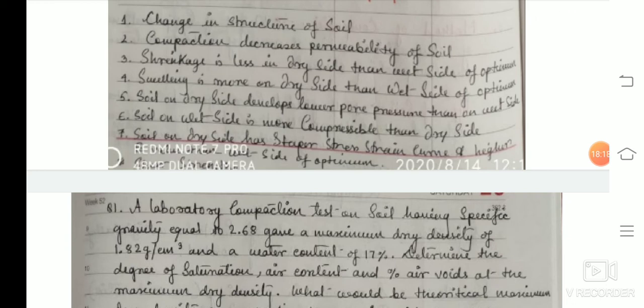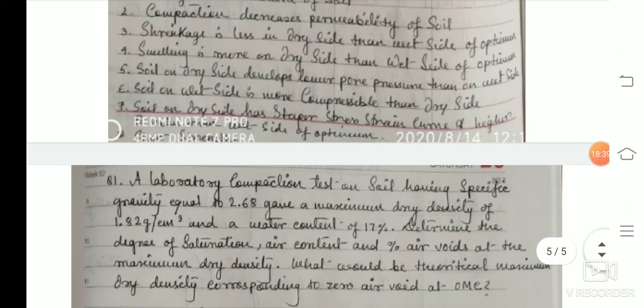So, what will be the next property that will be changed? That is shrinkage. For the same density, the soil compacted on the dry side of optimum shrinks much less than the sample which is compacted on the wet side of optimum. Why does this occur? This is because the soil particles have a dispersed structure with nearly parallel orientation and can pack more efficiently. Hence, shrinkage occurs. So, the next property is swelling.